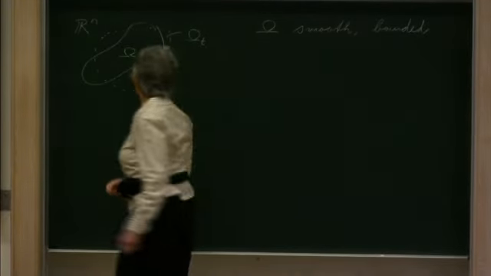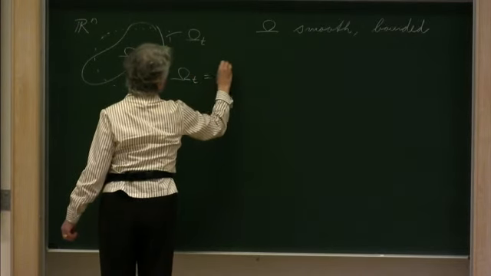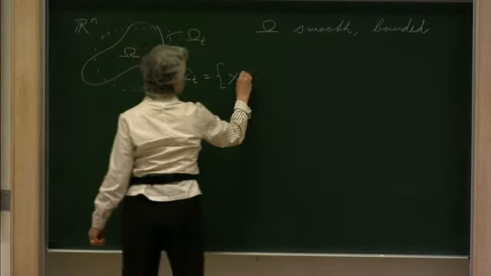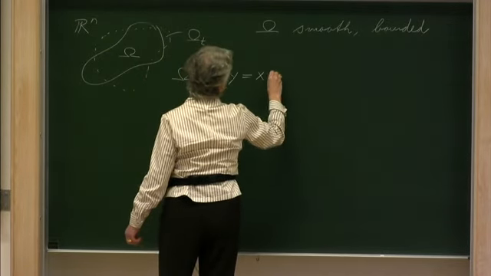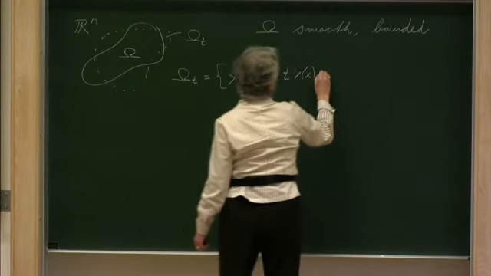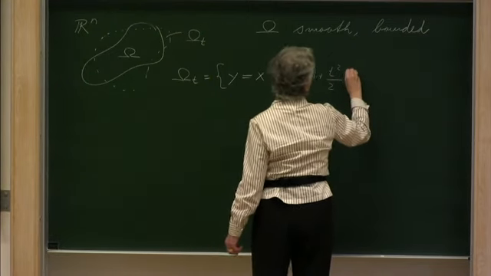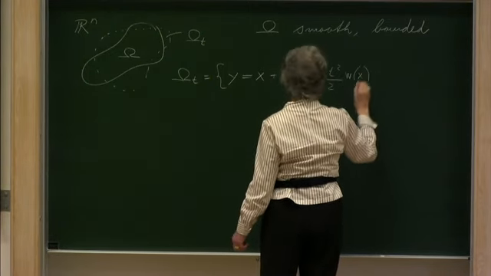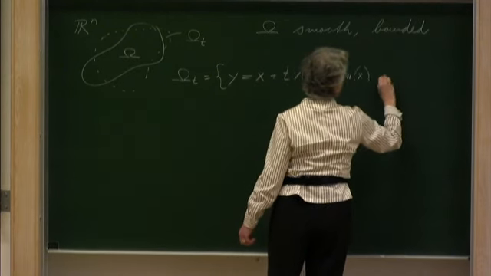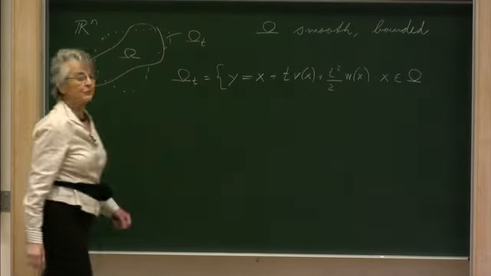And omega t will be represented by y equals x plus t times v of x plus t squared over 2 times w of x, where x ranges in omega and t is a small parameter.